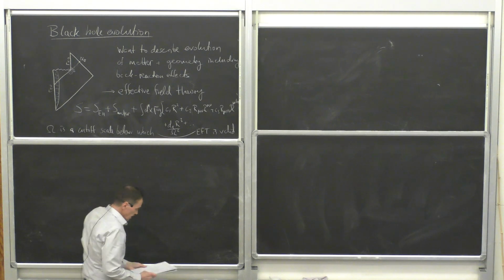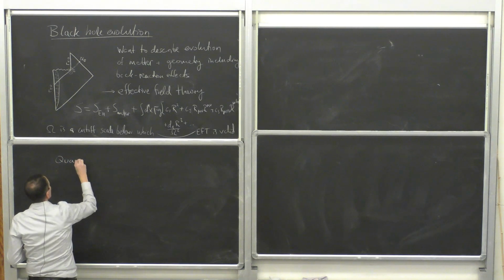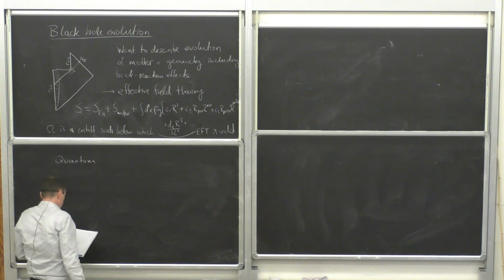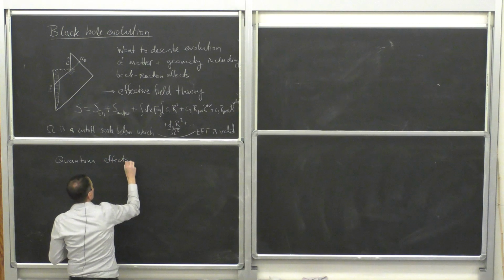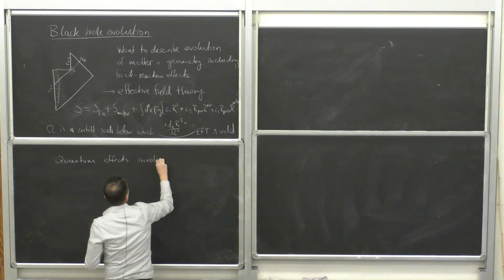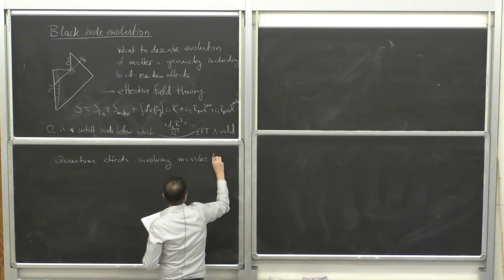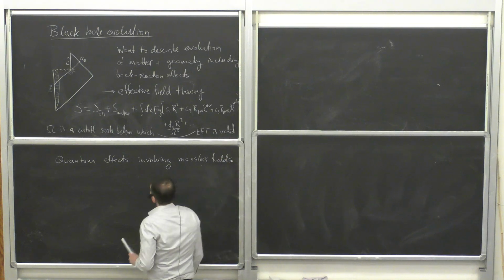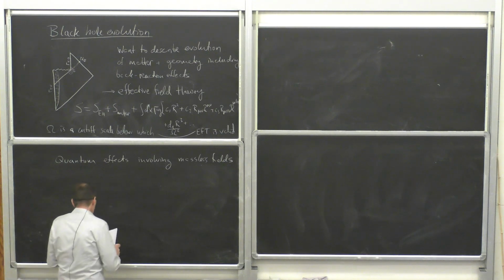Unfortunately, we know that our quantum theory does involve massless fields, and so we have to be mindful of that. When we integrate out some massless field in our effective action, we get non-local terms. So what do we do with those? Well, I guess we have to include them.